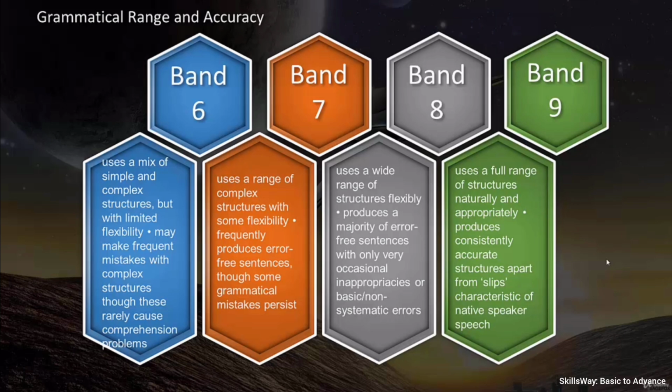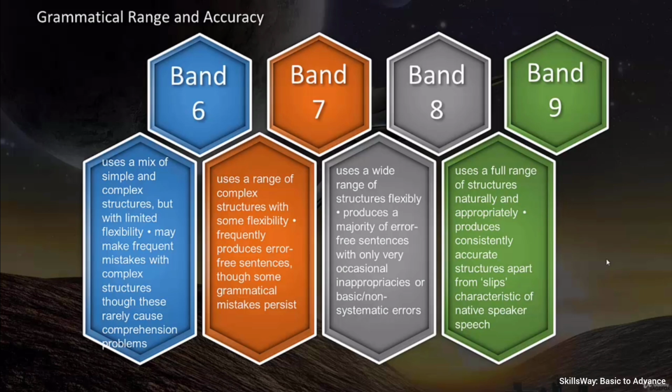An advanced level student is able to do the four main sentence types very well, meaning the simple, the compound, the complex, and the compound complex sentences. They also can use combinations like not only but also, both and. They can speak in the conditionals. They can use the relative clauses very well.